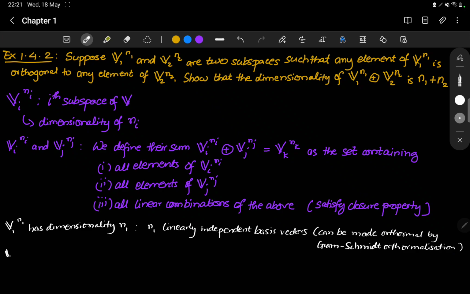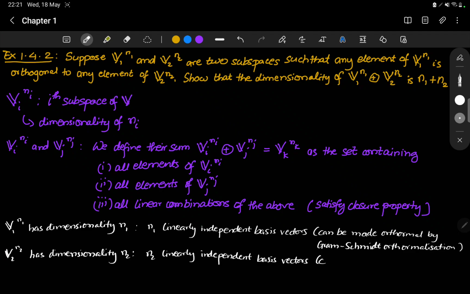Similarly, V2 N2 has dimensionality N2, so it will have N2 linearly independent basis vectors.